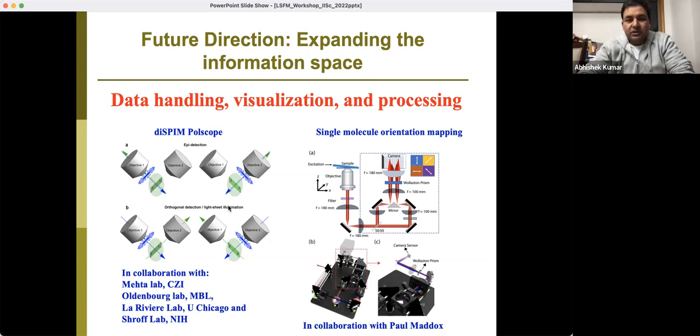But what we are also interested in is expanding the information space. With my collaborators, we are working on whether we can get orientation information in a light sheet mode about molecules, single molecules or ensembles of molecules. We have taken different approaches, because if you look at orientation, there are a lot of degeneracies.